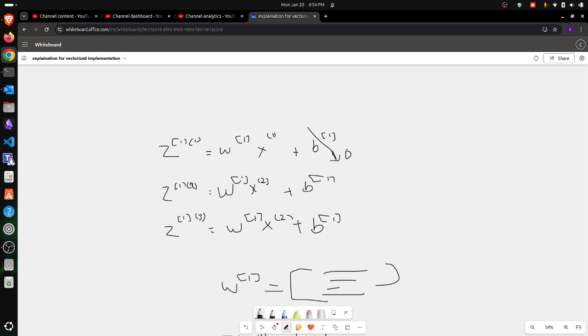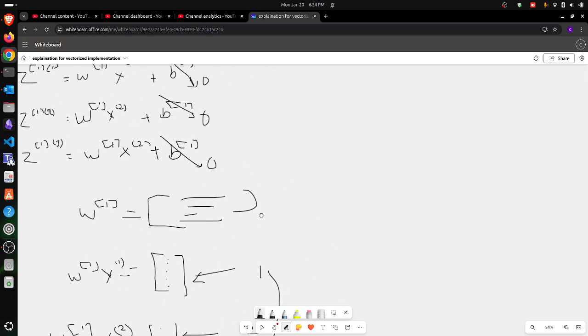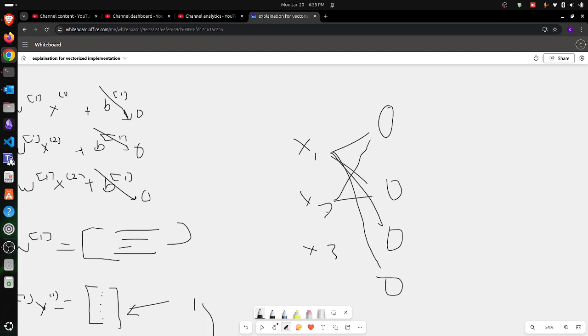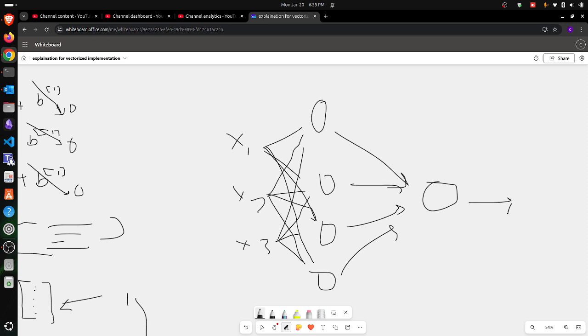These things are going to 0, these things are going to 0, and these things are going to be 0, and we're going to get some network looking like this. Neural networks look cool, by the way.